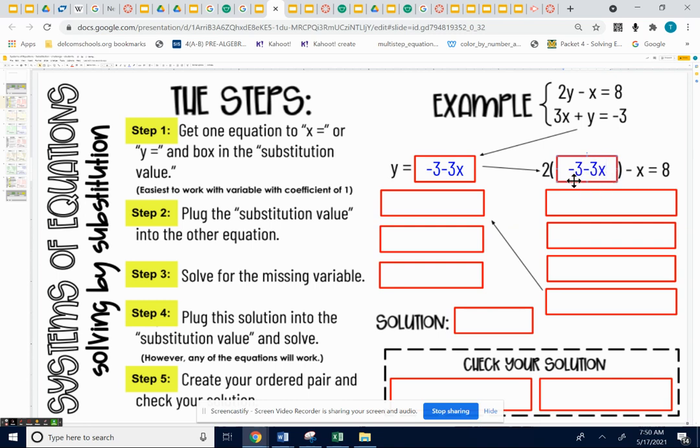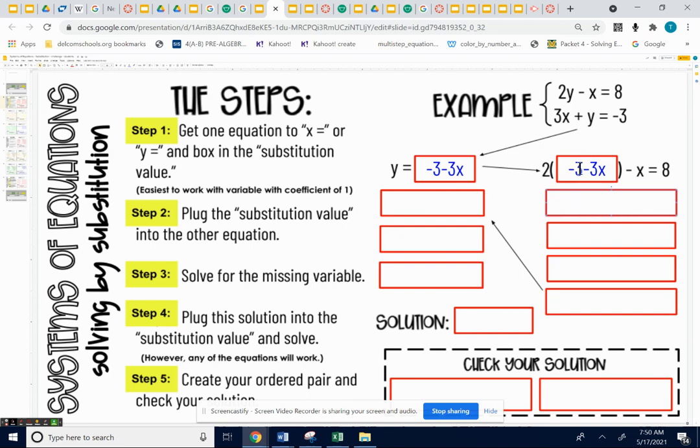The reason is that now I can solve this equation, because look carefully: I have only x's. All the variables are the same letter, so I can solve it and find out what x is. I just need to solve this multi-step equation after I substitute.